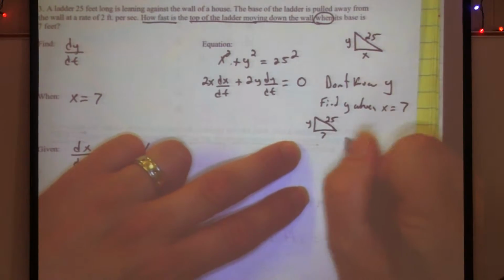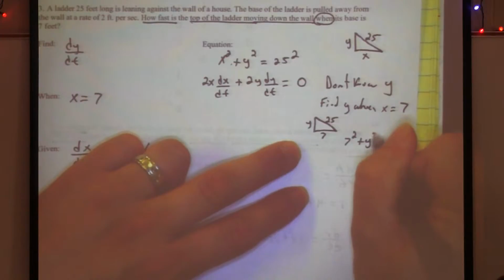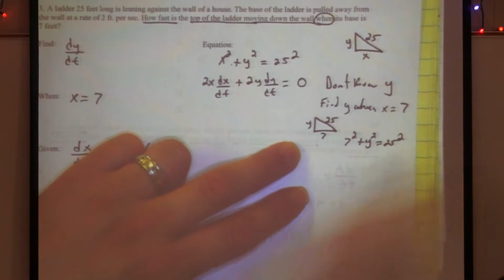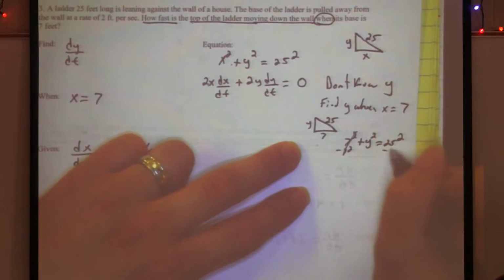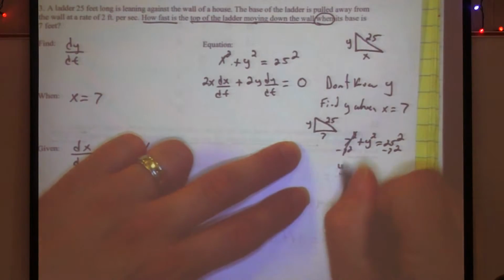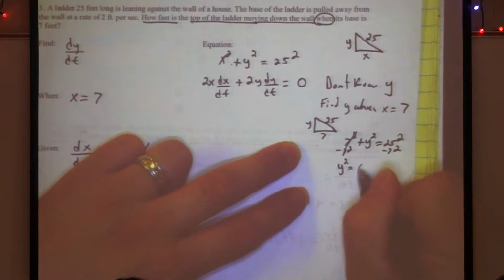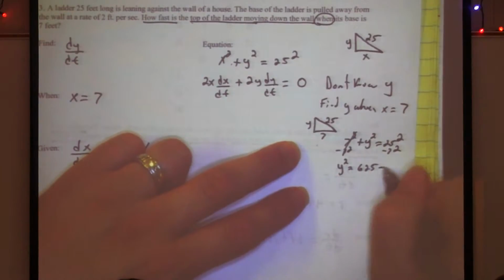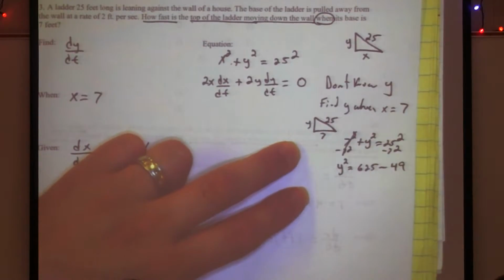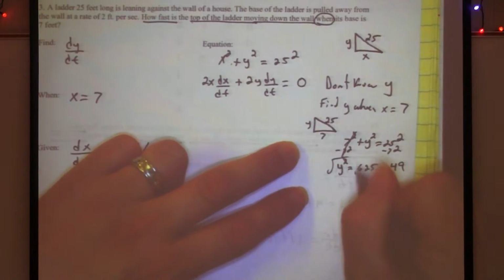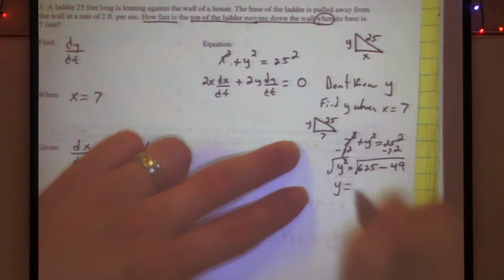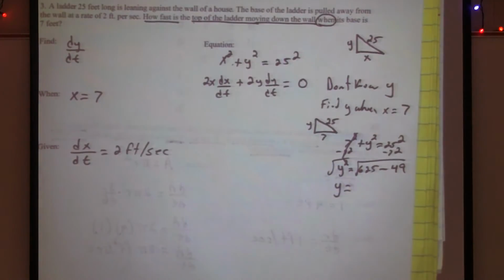You with me? So 7 squared plus y squared equals 25 squared. Minus 7 squared. So y squared equals, what is that, 625 minus 49? Yeah? And then we need y, so we're going to square root it. So y is going to equal what?